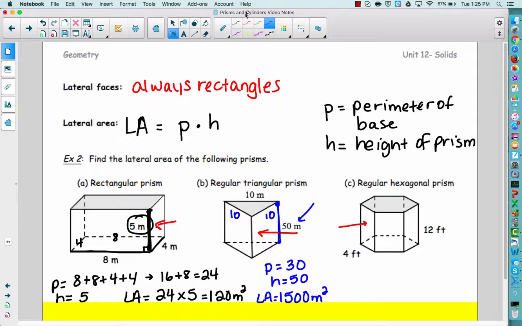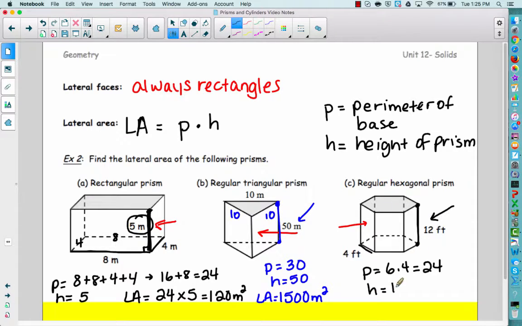All right, looking at that regular hexagonal prism. To find the lateral area, we're going to do the perimeter of the base. So we have 6 sides, all of length 4. So the perimeter of the base would be 6 times 4, which is 24. The height of the prism, again, is the perpendicular segment connecting the bases. It's always going to be the edge of the prism.